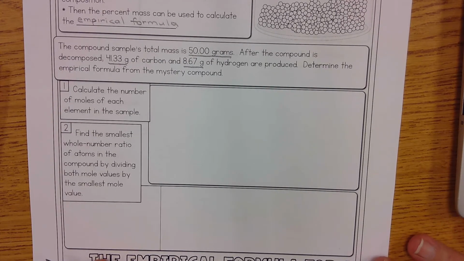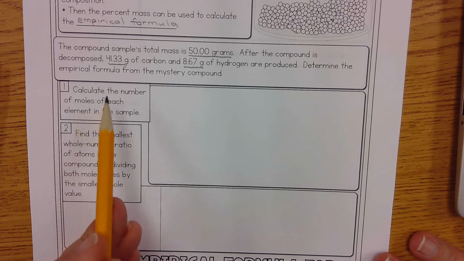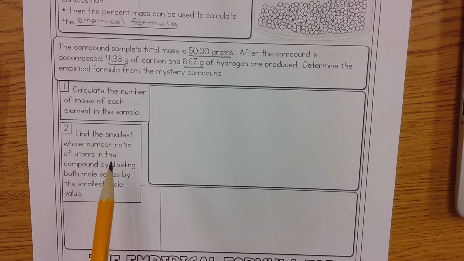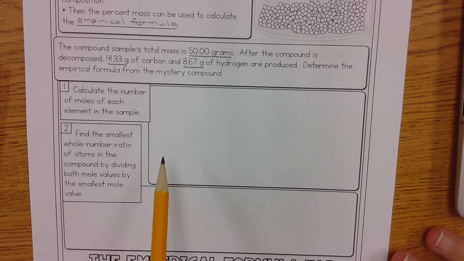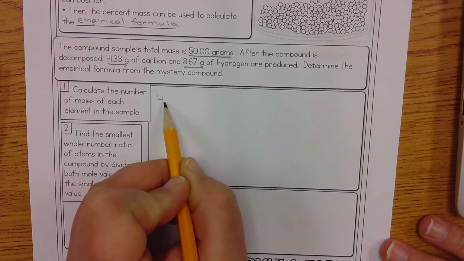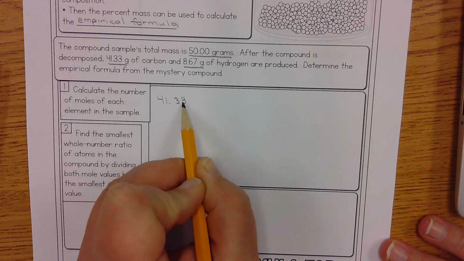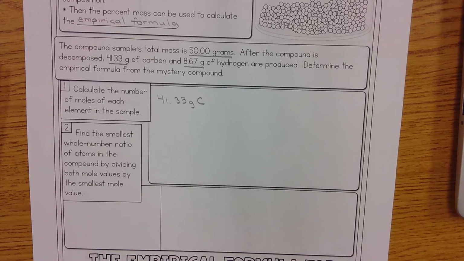Okay. So the first thing we do is calculate the number of moles of each element. This is what you learned in lesson 5.3. We know grams, we have to get to moles. So from our 41.33 grams of carbon, we look on the periodic table and we see that it is 12 grams per mole.